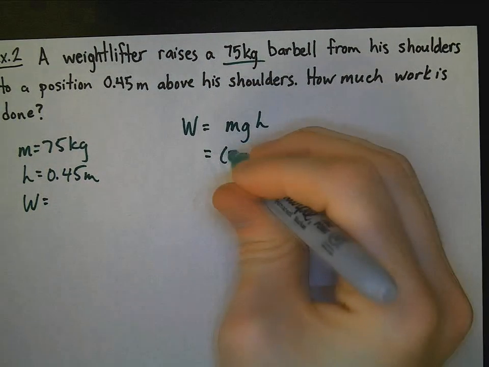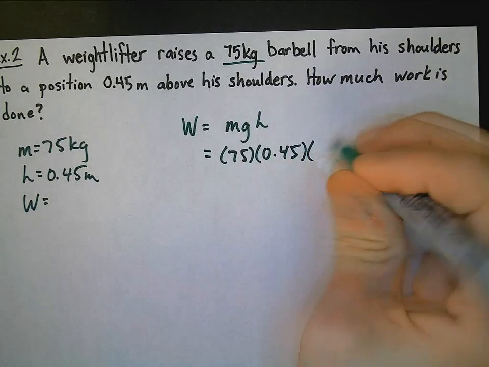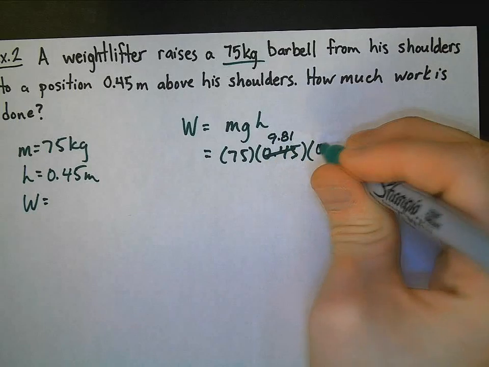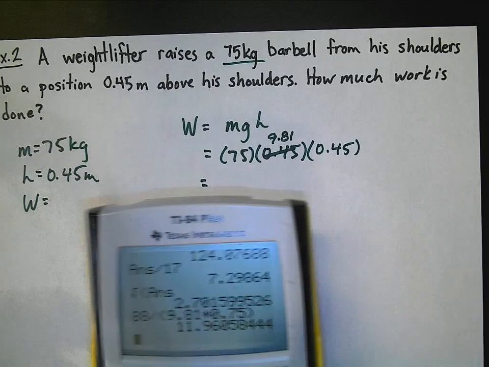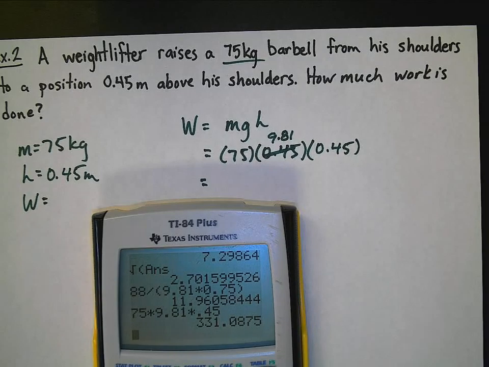So that will be 75 times, my apologies, g is 9.81, times h of 0.45. So 75 times 9.81 times 0.45. 331.0875.